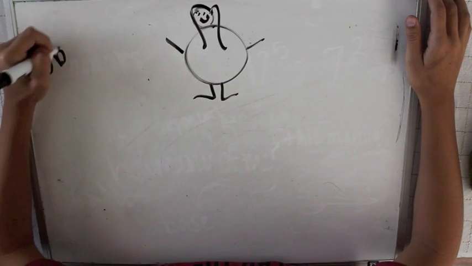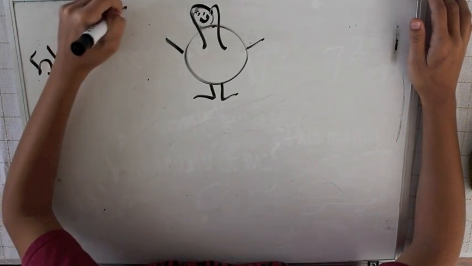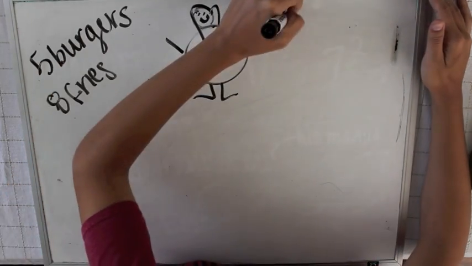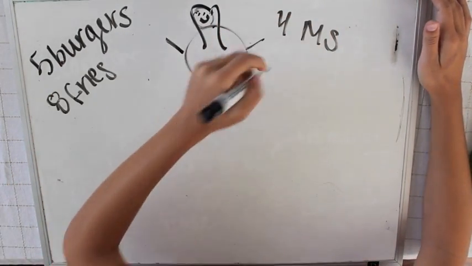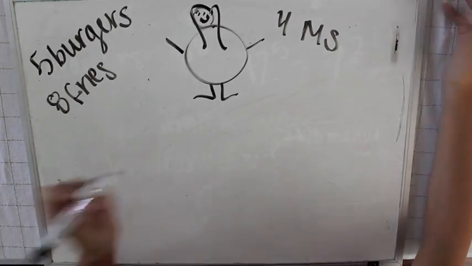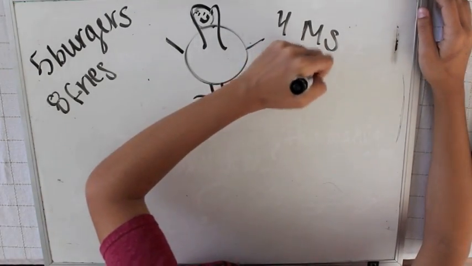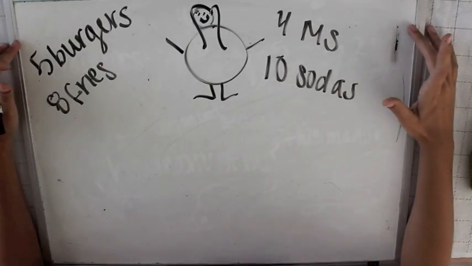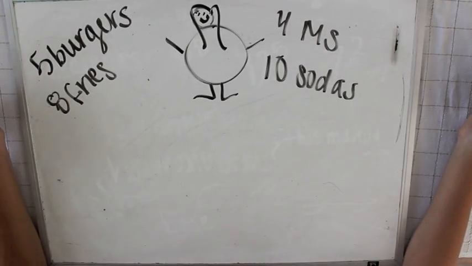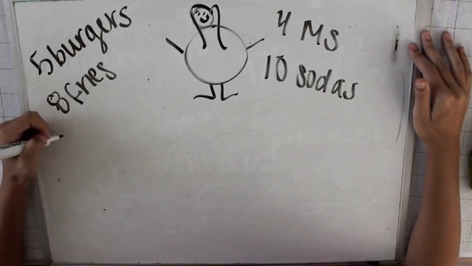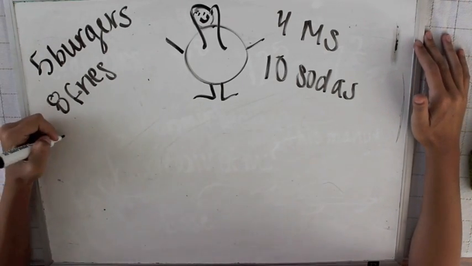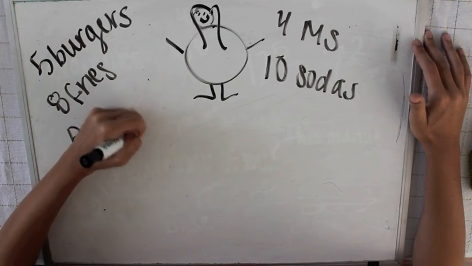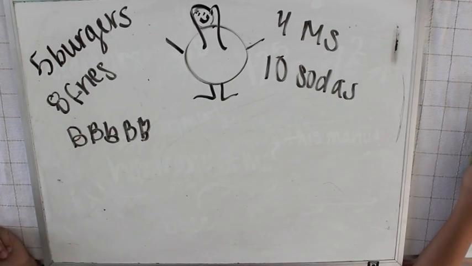So we have 5 burgers, 8 fries, 4 milkshakes, and 10 sodas. This is what she's ordering. To represent this, for burgers we're going to have B. So she has 1, 2, 3, 4, 5 burgers.